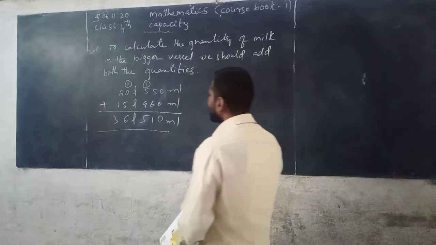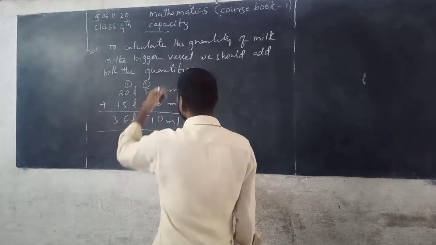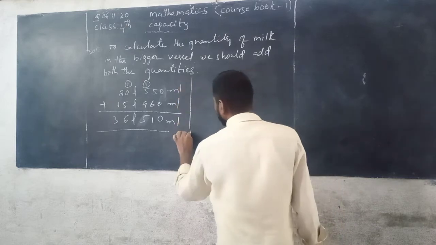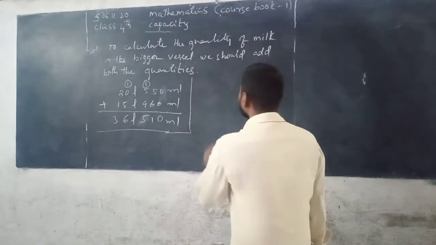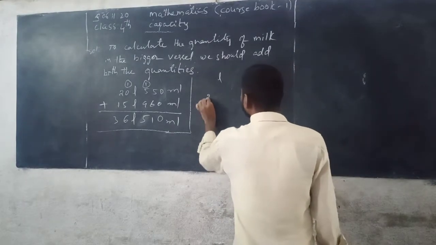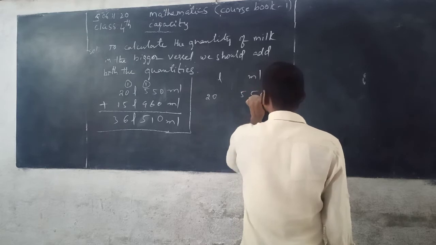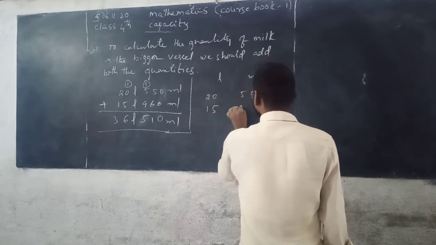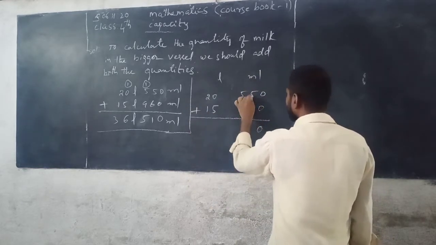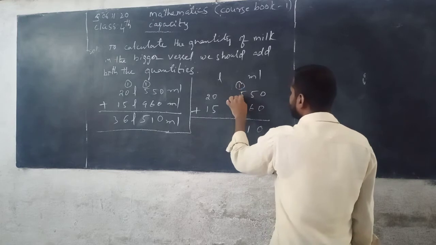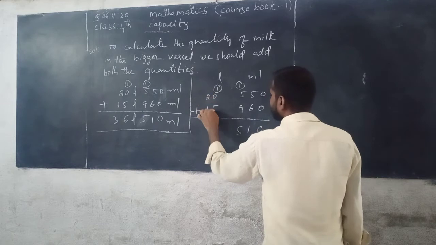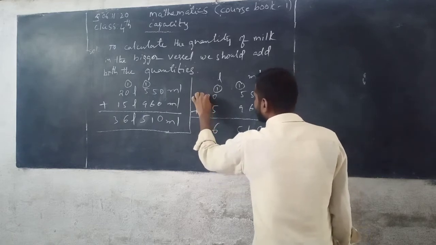So you can write liters and milliliters column-wise. The second method is here: liters, milliliters. Then you can write here 20 liters 550 milliliters, 15 liters 960 milliliters. See here, 0 plus 0, 0. 5 plus 6, 11, 1 taking, 1 carrying. 1 plus 5, 6. 6 plus 9, 15, 5 taking, 1 carrying. 1 plus 0, 1. Here 6. 2 plus 1, you can get 3.